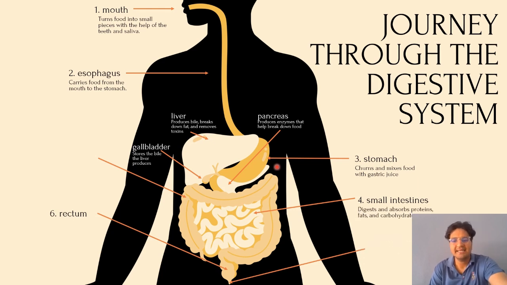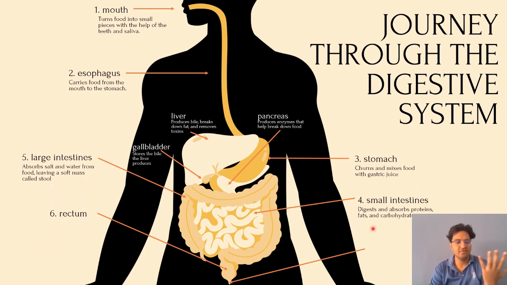Then we have the small intestine, which digests and absorbs proteins, fats, carbohydrates, and water. Then we have the large intestine, which absorbs water and salt from the food, leaving a soft mass called stool. After absorbing water, salt, and nutrients, the remaining product is what we call stool.